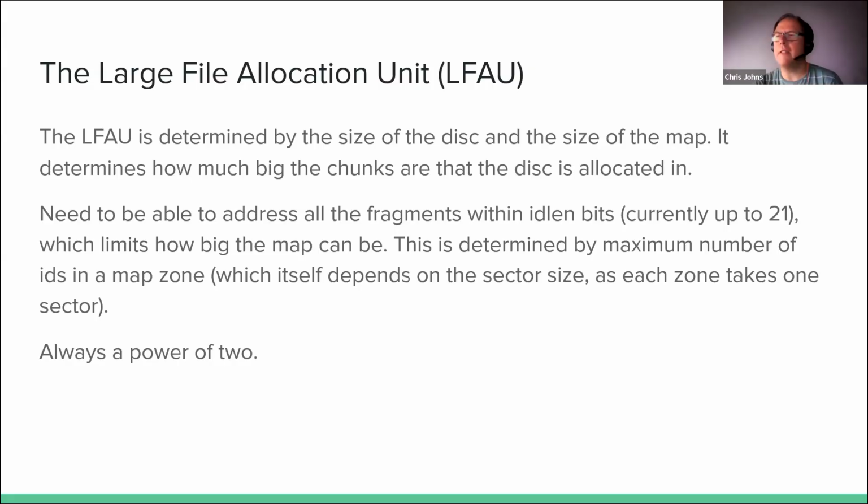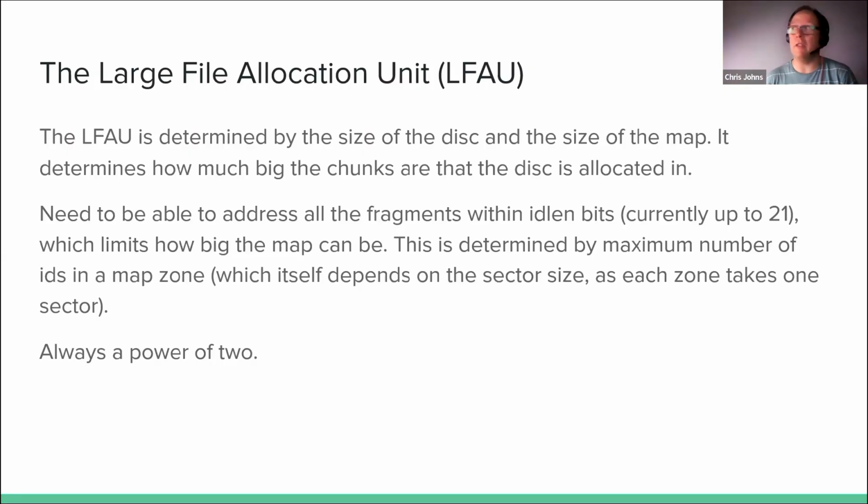There are quite a lot of factors that come into play. One of which is you need to be able to address all the fragments. So if the map is too big, you can't get to the last fragment because, as I said before, you work out how many fragments you get per zone, and that, with the length of the IDs, basically limits how many zones you can have.